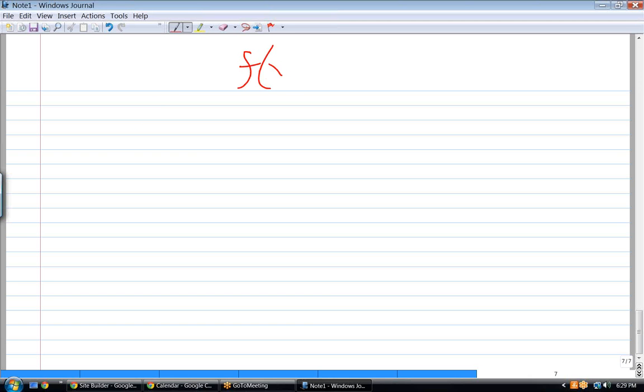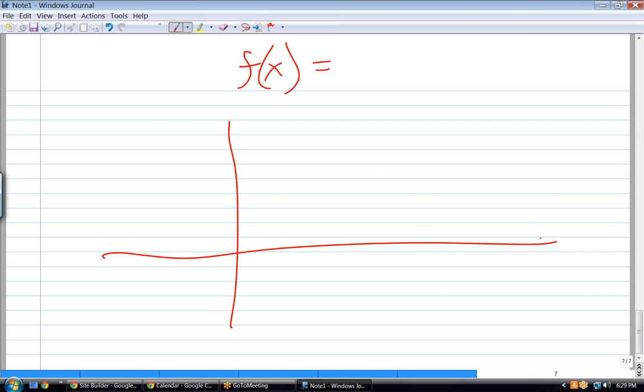In this case, the problem is: find the area bounded by the curve y equals x times e to the negative x, and the x-axis and the lines x equals 0 and x equals 7. So if I knew how to draw that function, it doesn't really matter whether I do or not, I'm going to draw it like this.